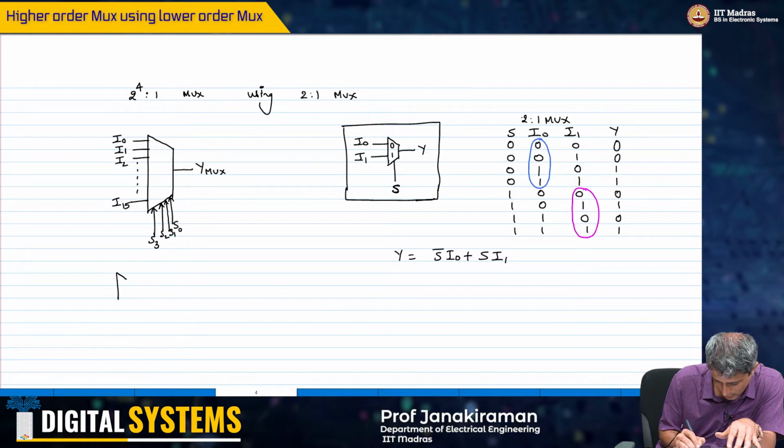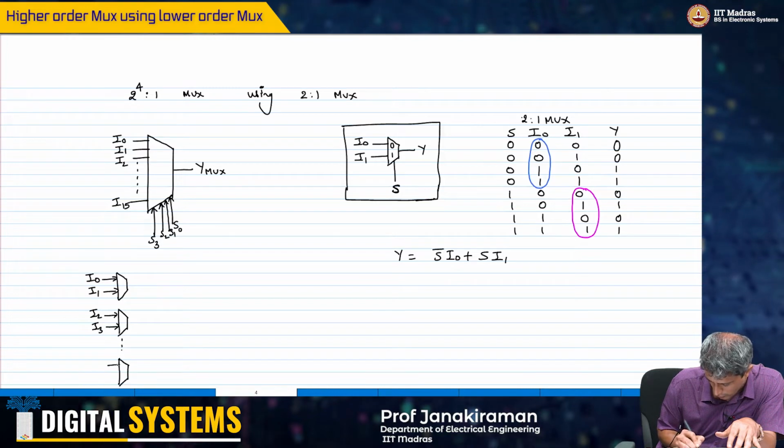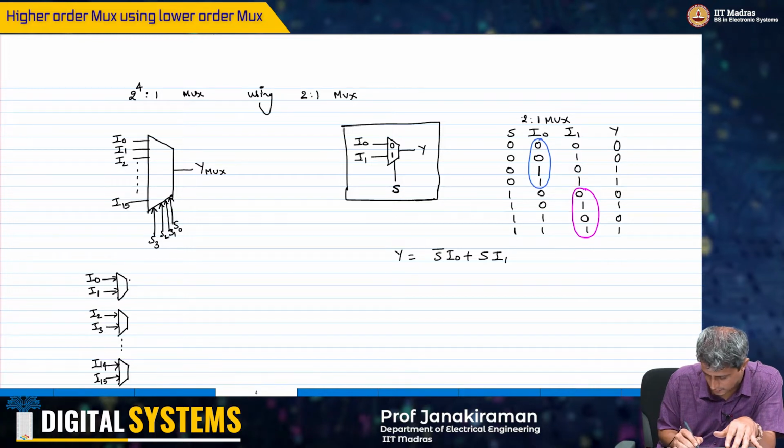I will just draw that, in groups of 2: I0, I1, I2, I3, all the way down to I14 and I15.